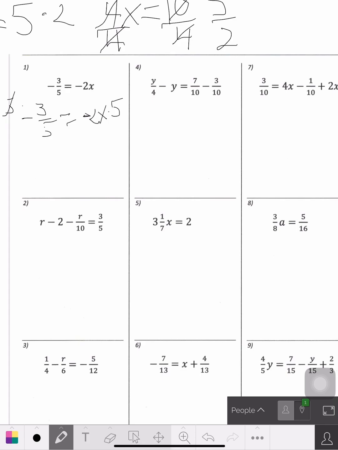So we cross out these two 5s. We got negative 3 equals negative, because it's a negative times a positive, 10x. Now we divide both sides by 10.